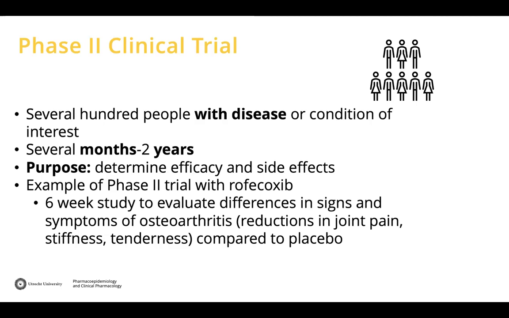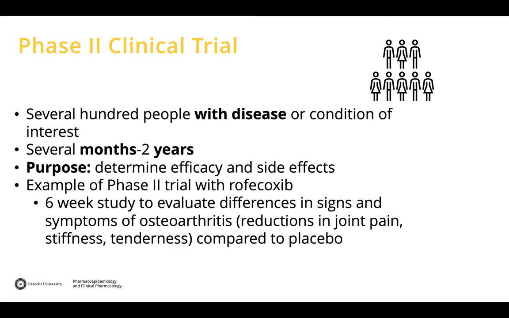So just to put it in context, an example of a phase 2 trial with rofecoxib was a 6-week study which evaluated differences in signs and symptoms of osteoarthritis. So the indication for treatment is osteoarthritis, and so we're determining whether the medication has efficacy.